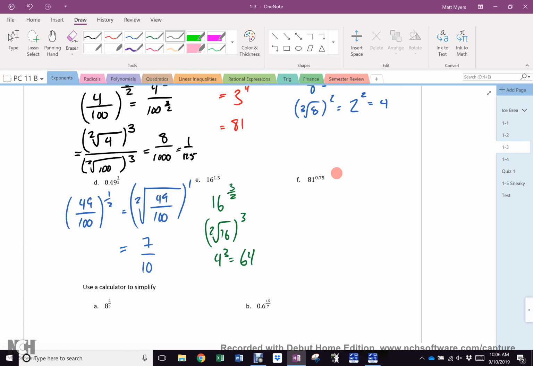And lastly, what is that 0.75 really? 3/4. 4th root of 81 cubed. We already know the 4th root of 81 because we just did it in B. What is the 4th root of 81?